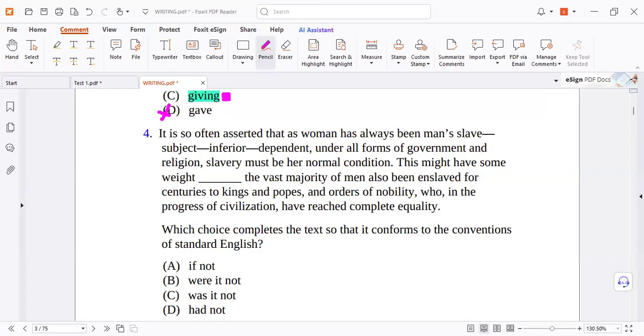Because it modifies the verb might have, and it's an adverb clause. Hmm. I don't think so, my friend.